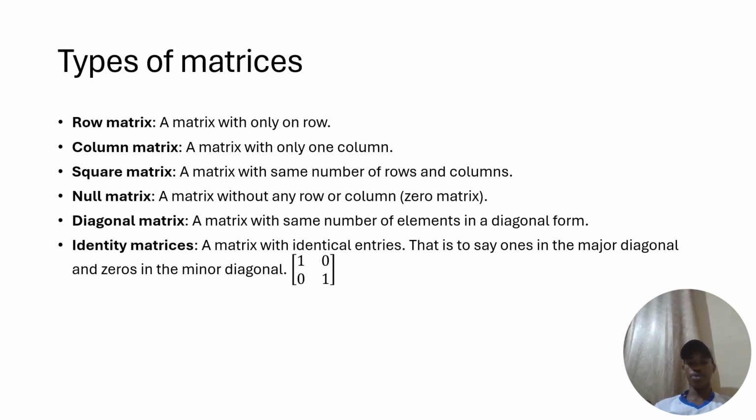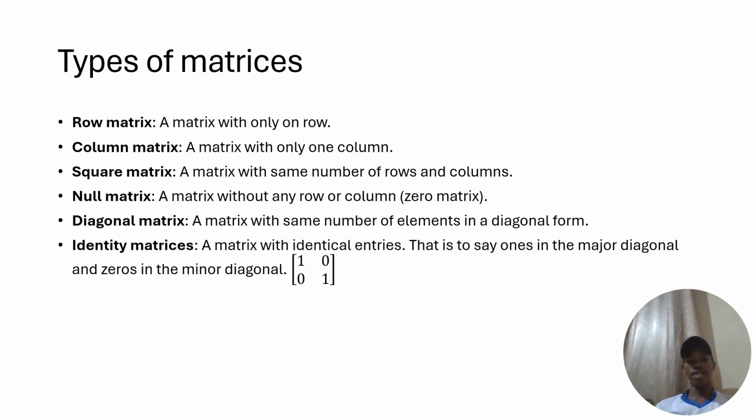Then we are having a square matrix, which has the same number of rows and columns. We also have the null matrix, a matrix without row or column, in short a zero matrix. Then we have the diagonal matrix, a matrix with elements in a diagonal form.